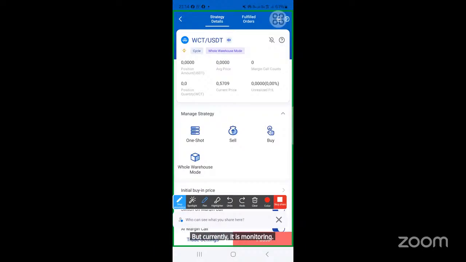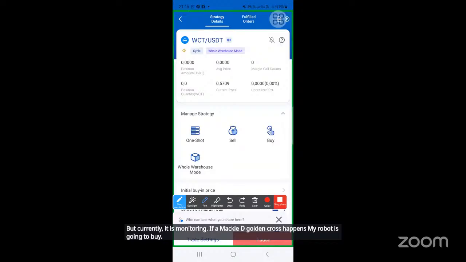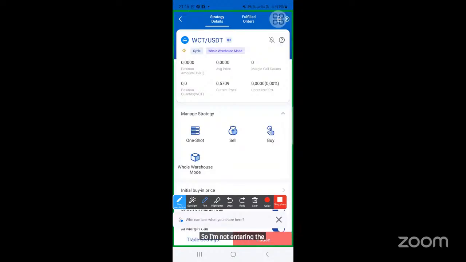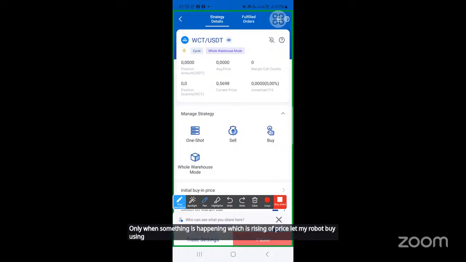If a MACD golden cross happens, my robot is going to buy. So I'm not entering the market blindly. No, I'm entering the market objectively. Only when something is happening, which is rising of price, let my robot buy using my first buy-in amount.